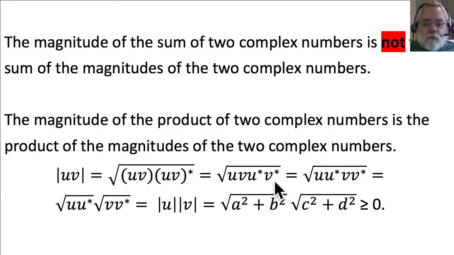We can rearrange this product so we get u u star v v star. u u star will be a number greater than or equal to 0. v v star will be a number greater than or equal to 0. We can split the square root and do the square root of u u star times the square root of v v star, and that's the magnitude of u times the magnitude of v. Those magnitudes are the square root of a squared plus b squared, and the square root of c squared plus d squared, and that product is greater than or equal to 0.